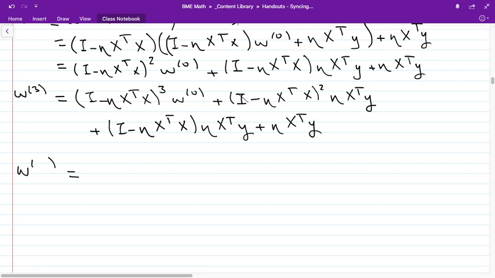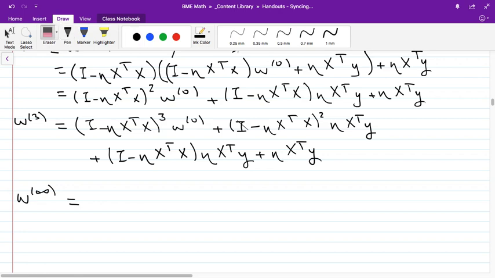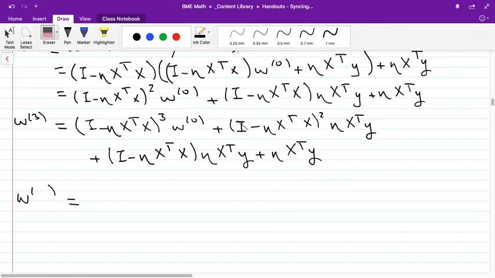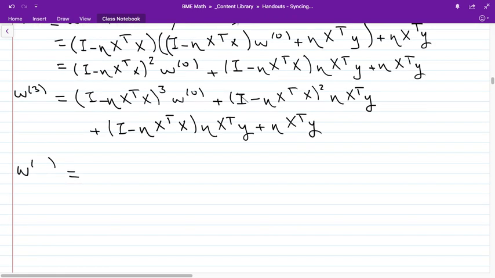W at the iteration, let's call it, that's okay. We're going to keep on iterating. I guess we're interested in convergence, so I'm going to put infinity as the last time point of my convergence. That's going to be equal to, I want to write it as a sum. So I'm just going to write this W3 as a sum now.